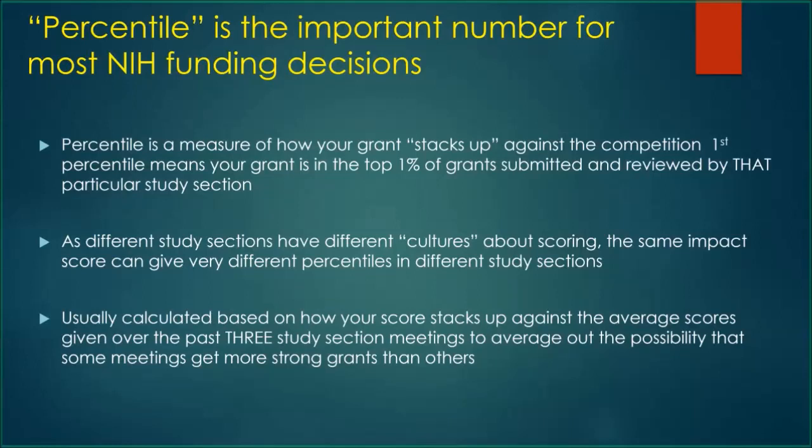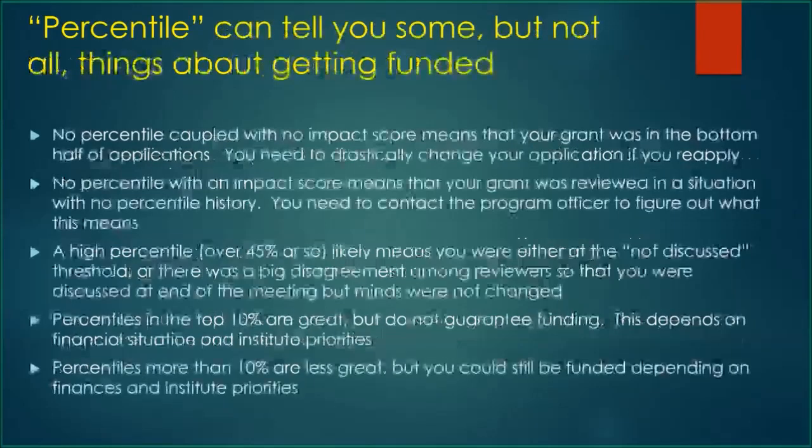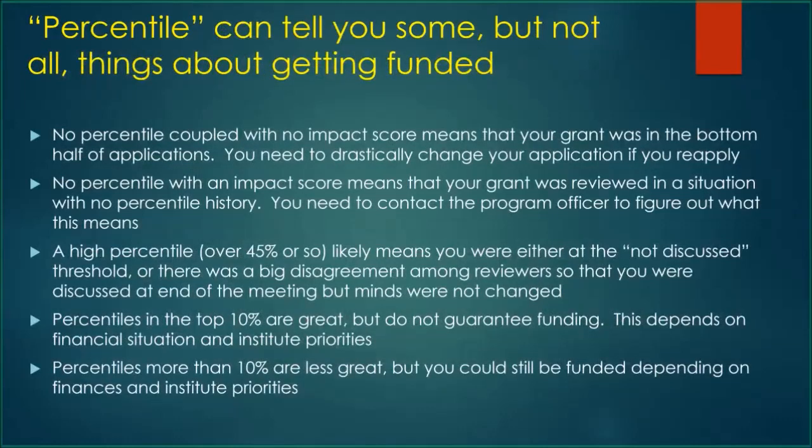So if your grant went to what's called a chartered study section, in other words, a study section that meets on a regular basis, you will see both a score and a percentile. However, you don't always get percentiles.